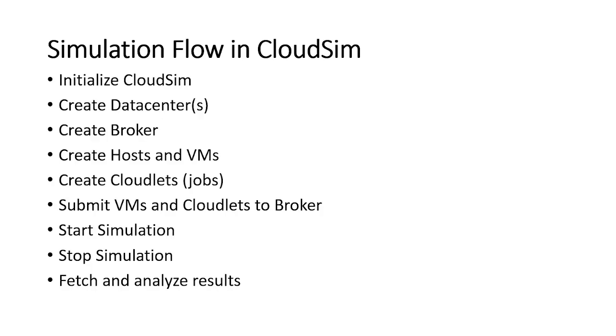Once you have configured this, you can start the simulation and find out the results of each and every task that has been completed on its own. You can retrieve the results. Once all the results have been returned, you can stop the simulation, fetch those results, and interpret and analyze them.